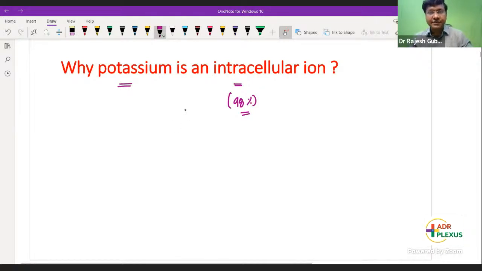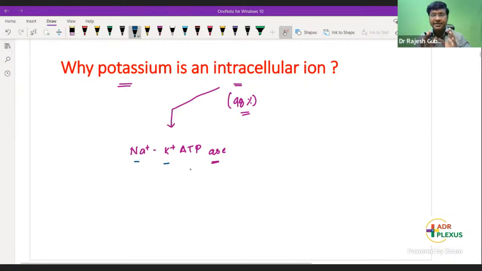Let me tell you. Why potassium is an intracellular ion is because of the membrane channel, that is the sodium potassium ATPase. It is this sodium potassium ATPase which will maintain the intracellular potassium.